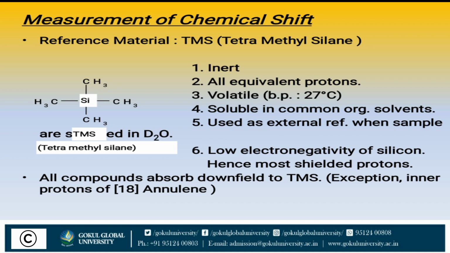First is inertness, meaning it is inert. Second is that all protons are equivalent. We already discussed equivalent and non-equivalent protons. Equivalent protons have the same environment and non-equivalent protons have different environments. So here all protons of TMS have the same environment, so they are all equivalent.